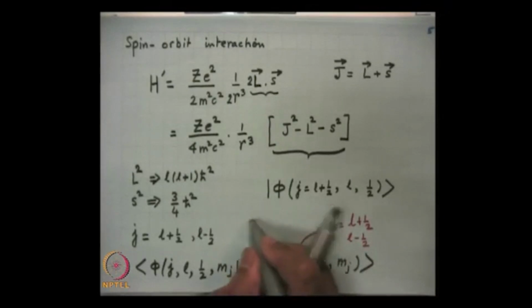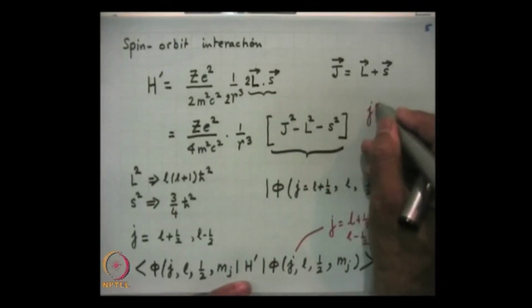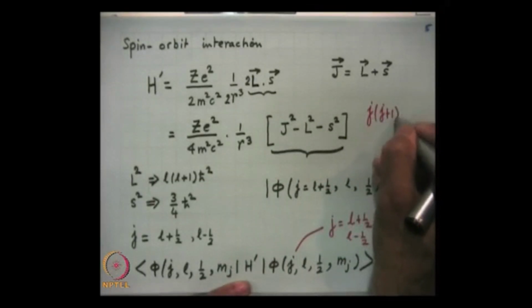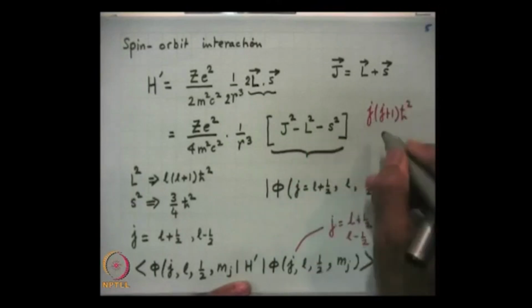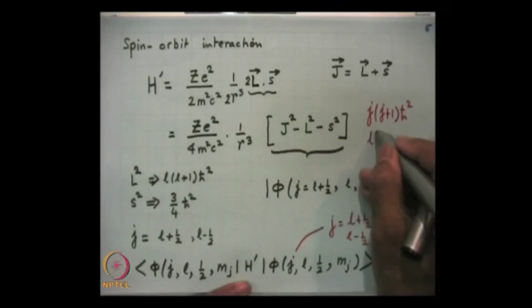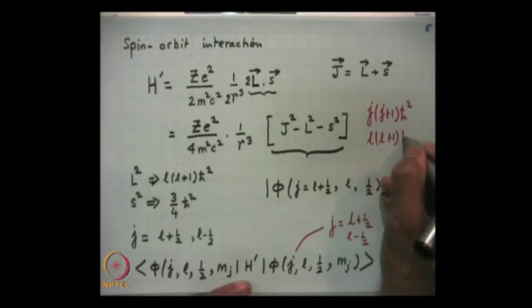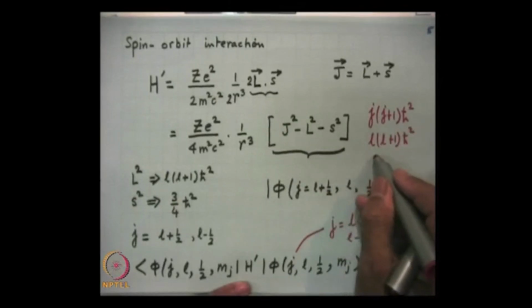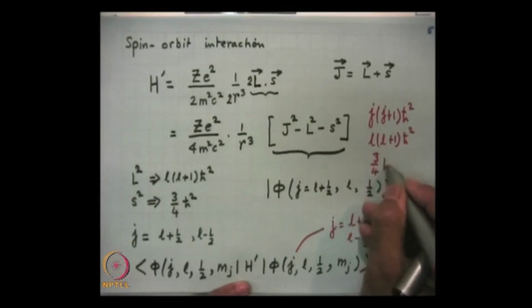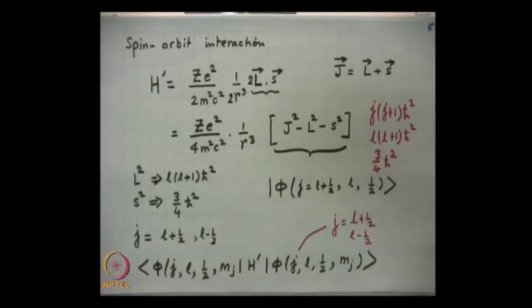The eigenvalues of J square will be j into j plus 1 h cross square, the eigenvalues of L square will be L into L plus 1 h cross square, and the eigenvalues of S square will be 3 by 4 h cross square. So, we use these wave functions.